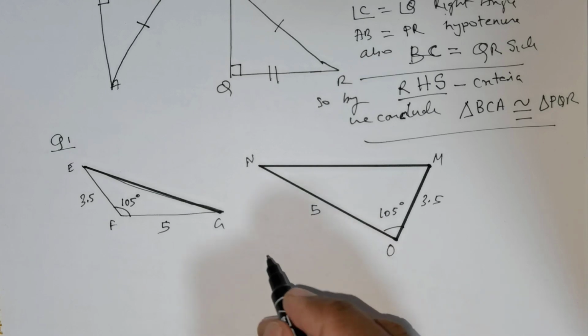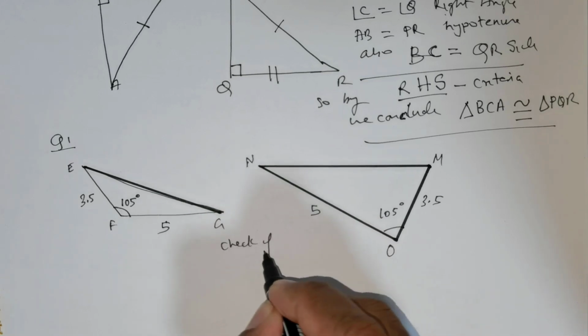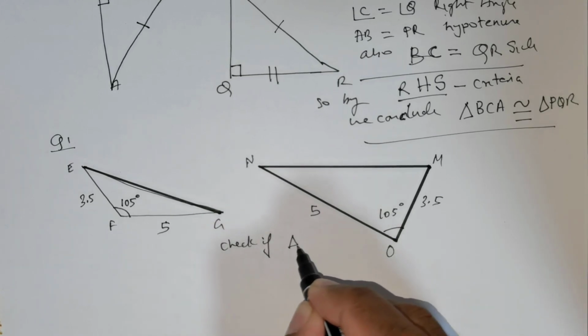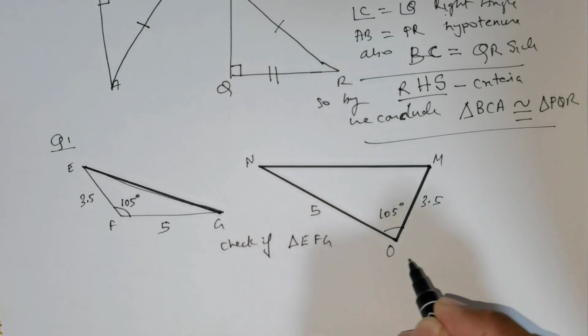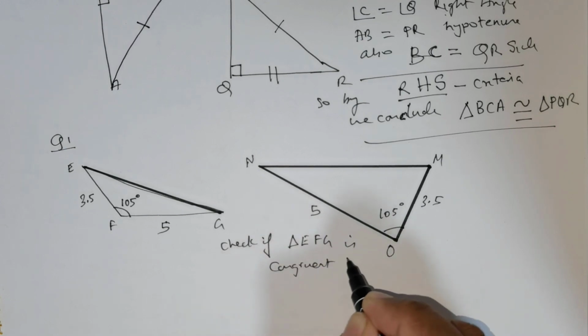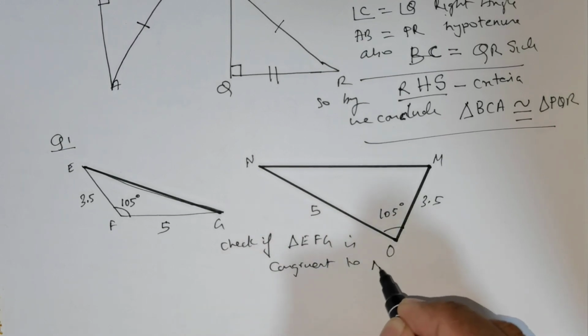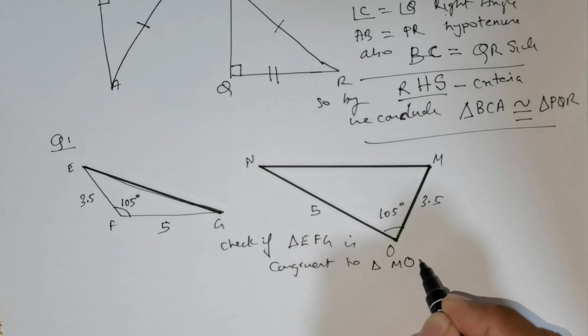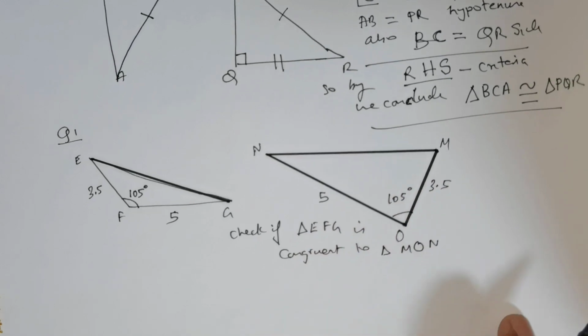So we are expected to check if triangle EFG is congruent to triangle MON. This is the check.